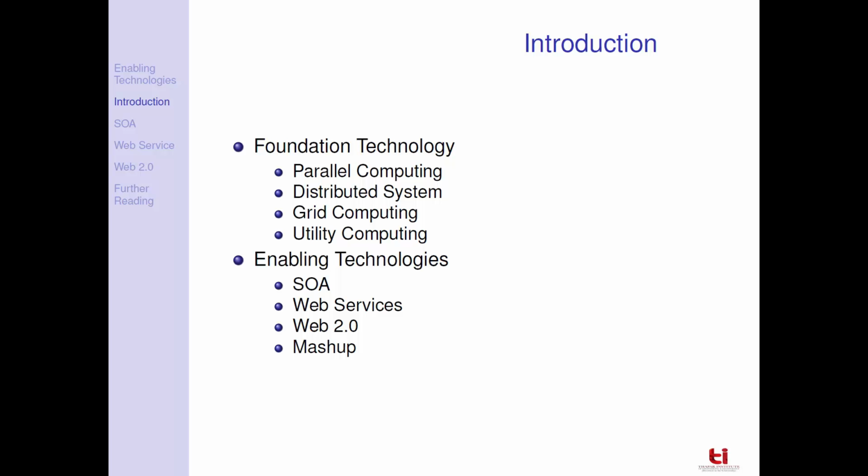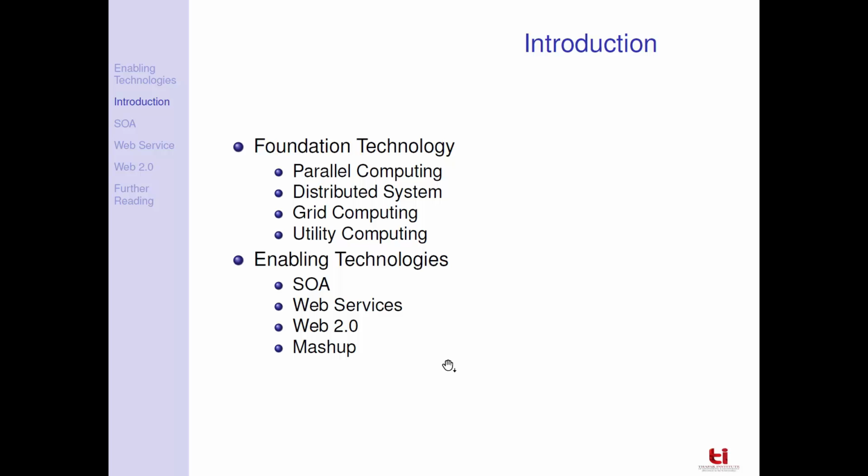So these were the foundation technologies for cloud computing, and today we'll focus on enabling technologies. Foundation technologies are those technologies on which a new technology depends. Whereas enabling technologies are those technologies which help a particular technology to emerge or come forward.